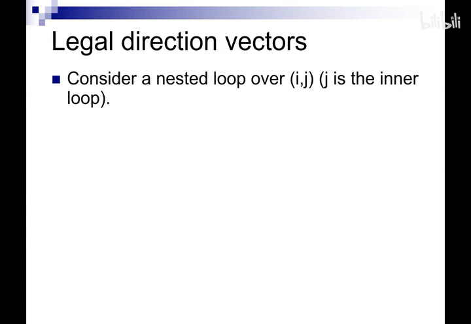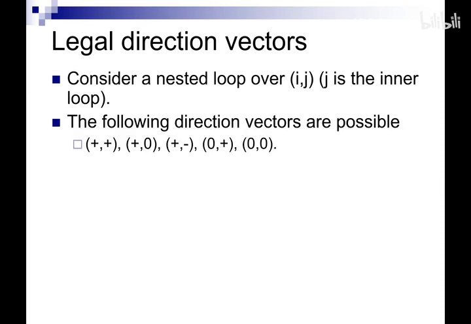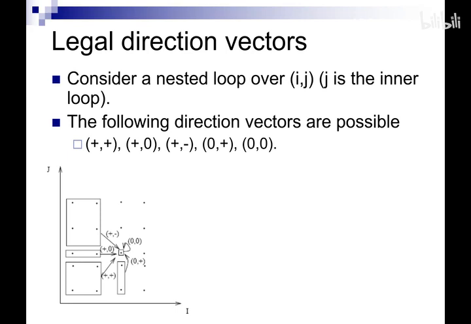Now suppose we have a loop over loop variables i and j, where j is the inner loop and i is the outer loop. So i is going to be the outer loop over here, and j is the inner loop.